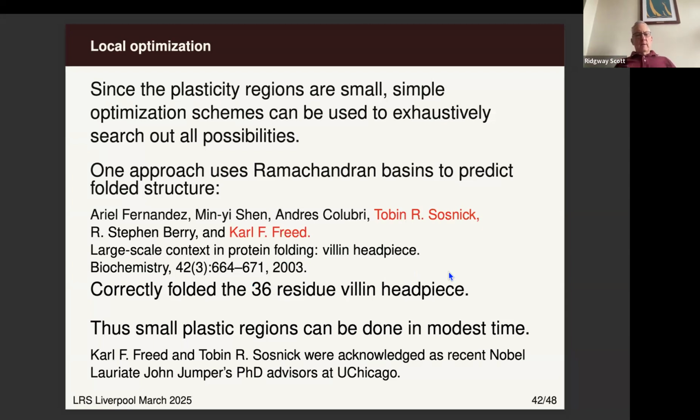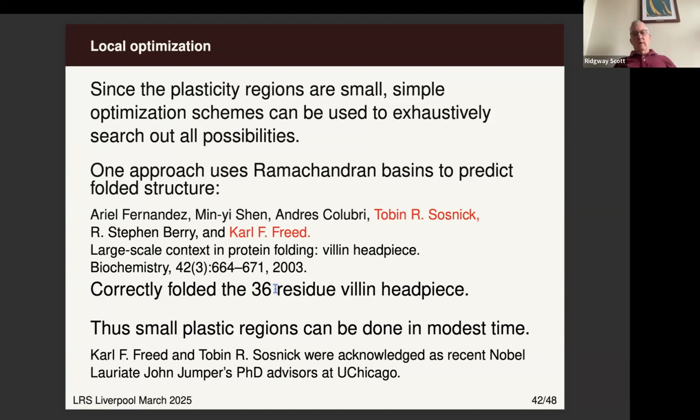And so they were able, I mean, it was not a short simulation, but by today's standards, that would be a relatively short simulation. And it's a pretty long sequence. This would be a very large plastic region. And so based on that, I'm saying this is feasible.